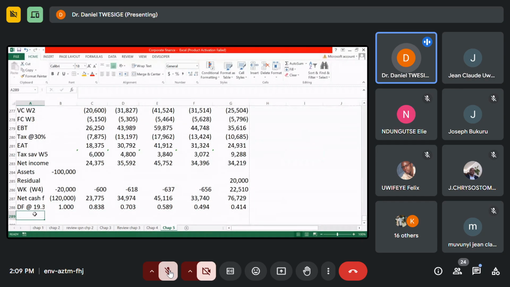So what will be the present value? I'm getting this times this.